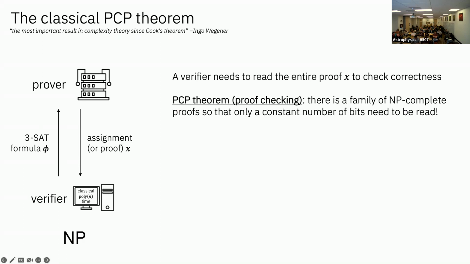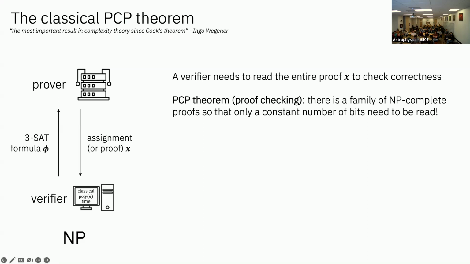Okay, but along came an idea that fundamentally changed how we thought about computer science, which said, okay, in fact, instead of taking your NP problem and writing it down as a generic formula, there's a structured subfamily of formulas such that the verifier does not have to read the entire proof. He can just read a few of the bits randomly. So he picks a few bits randomly, and he just checks if the proof is correct in those few spots.